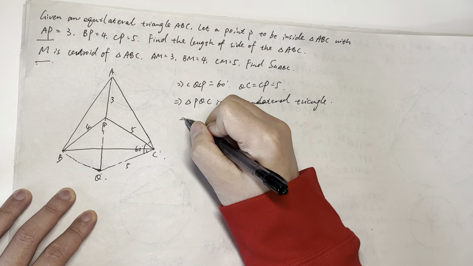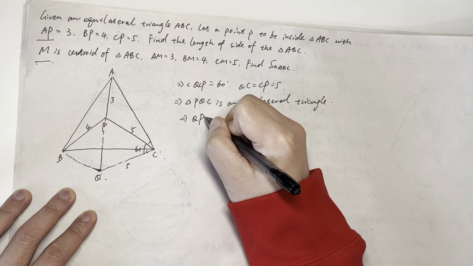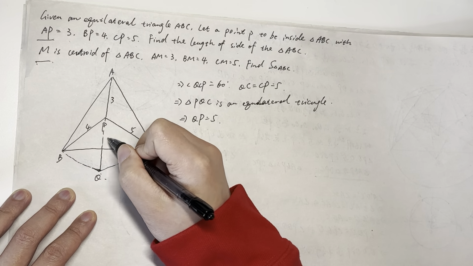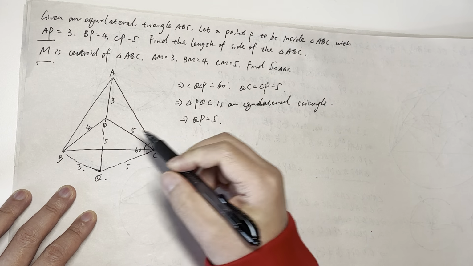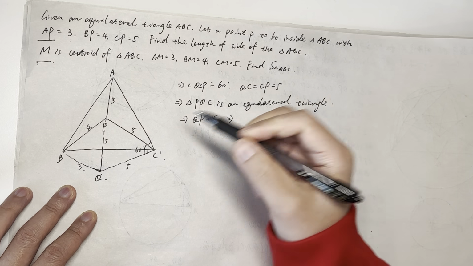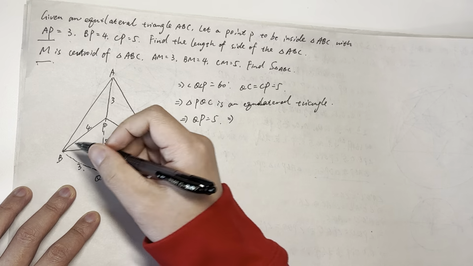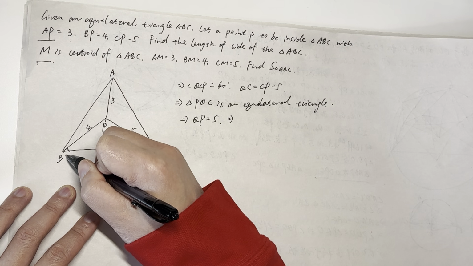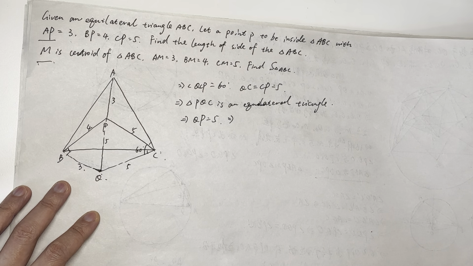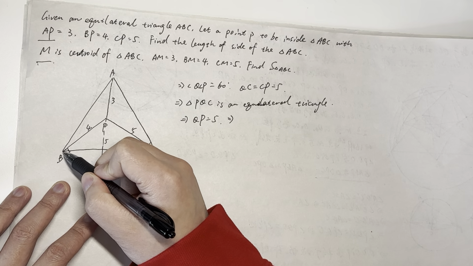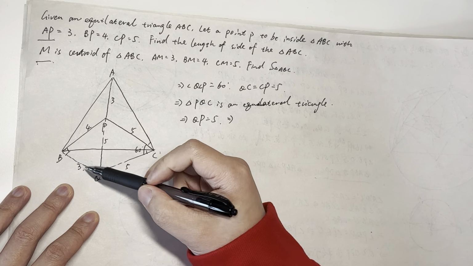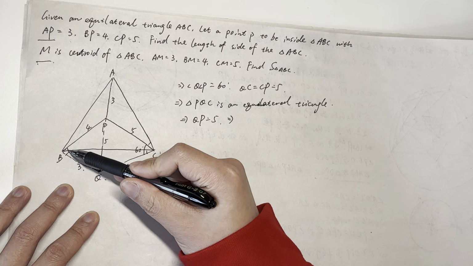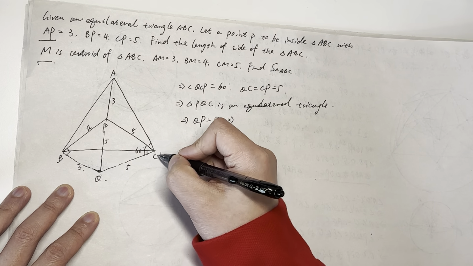Which means QP equals 5. That means this is 90 degrees, right? That would be useful here. So this is 90 degrees, 3, 4, 5, and then we can calculate BC.